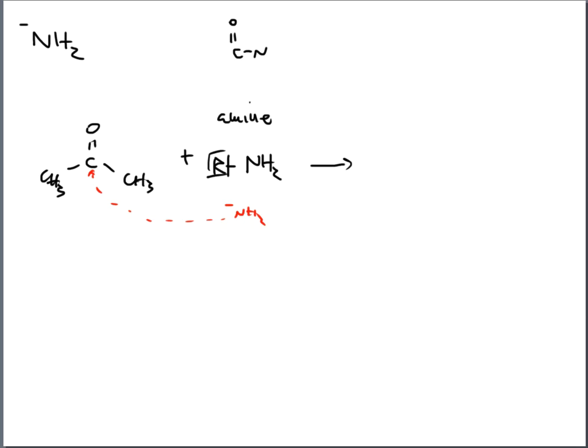There's no really good leaving group, so maybe what we have here is a carbon double bond O in the beginning, and then the double bond breaks, and we see an NH2 that gets added on, and then this oxygen is negative.